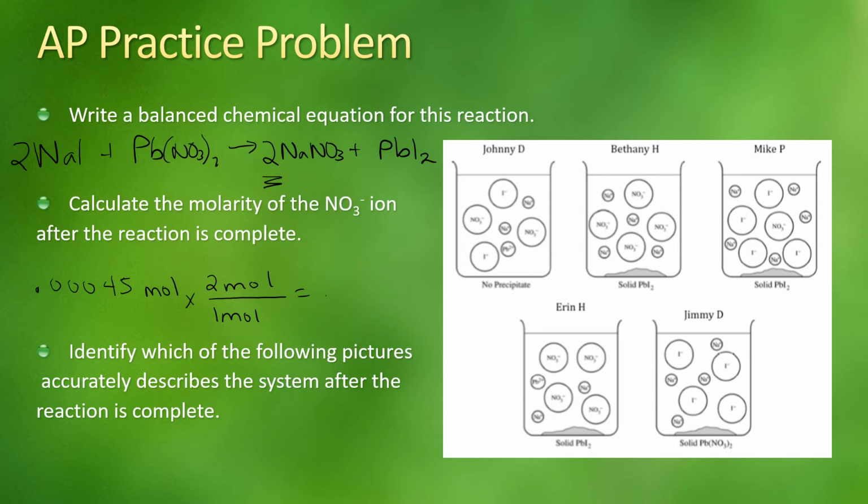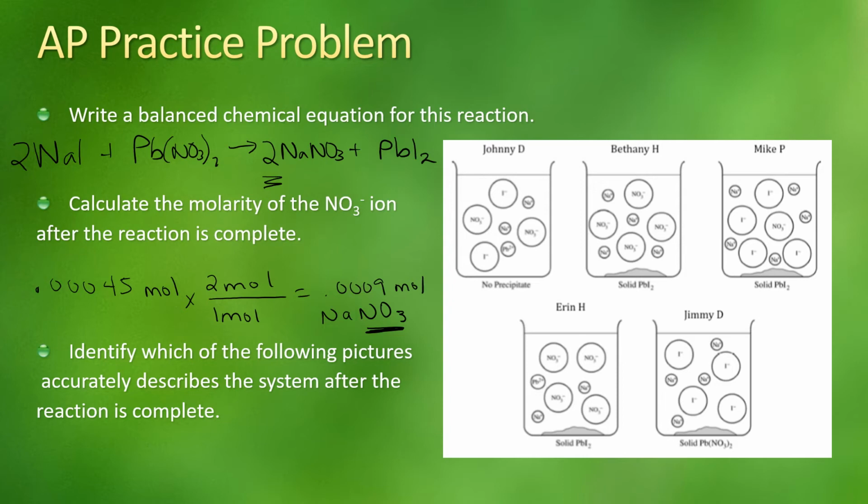That tells me that there's 0.0009 moles of sodium nitrate. And I know that there is 1 nitrate ion for every 1 sodium nitrate compound. Therefore, if I have 0.0009 moles of sodium nitrate, I have also 0.0009 moles of the nitrate ion.